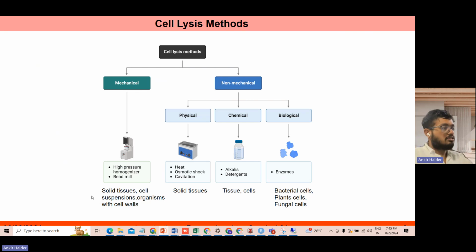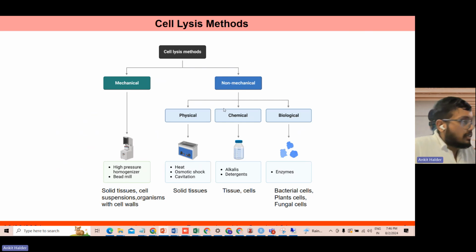When the tissues are hard, and if there are bony parts attached, then it becomes too hard for the cells to break. So the homogenizer, bead mills and bead beaters are employed for effective lysis of the cell wall and taking the contents out.